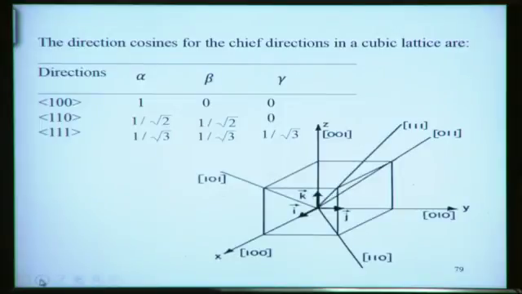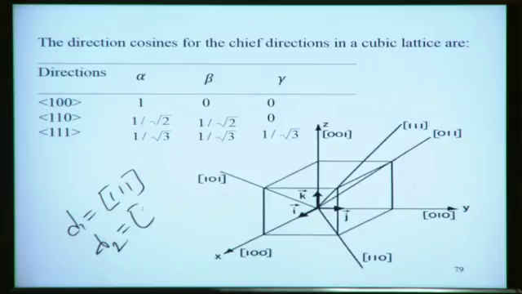First, we assume that there is a direction d. The first two cases are 1, 1, 1, and the other direction is 1, 0, 0, because for these two directions we need to find the elastic constant terms.